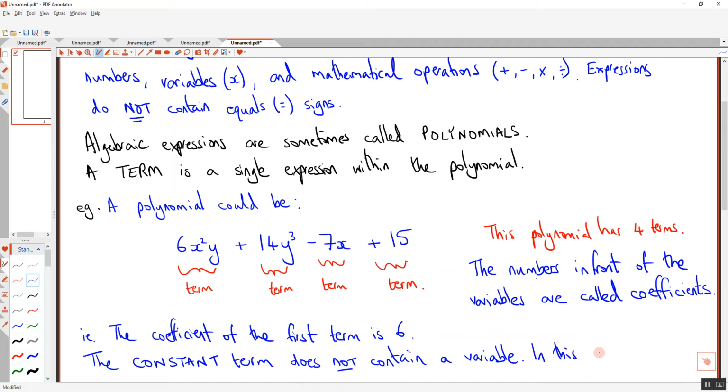In this example, it is... So what's the constant term in this example? 15. Yeah, it's 15 because it doesn't contain any variables.